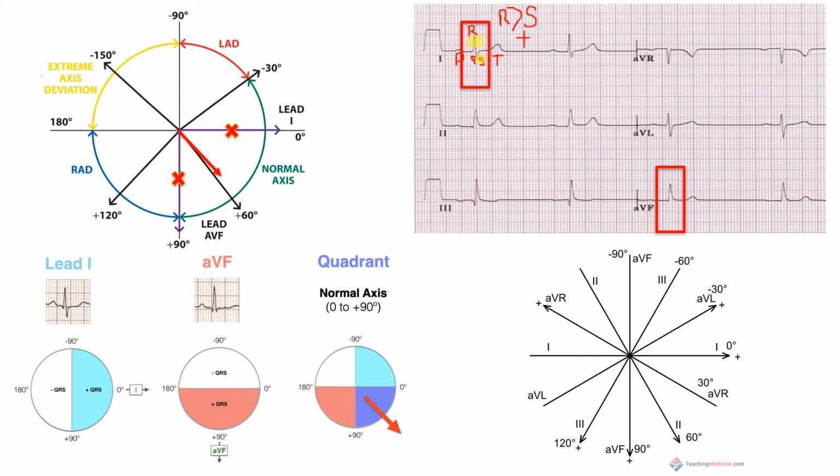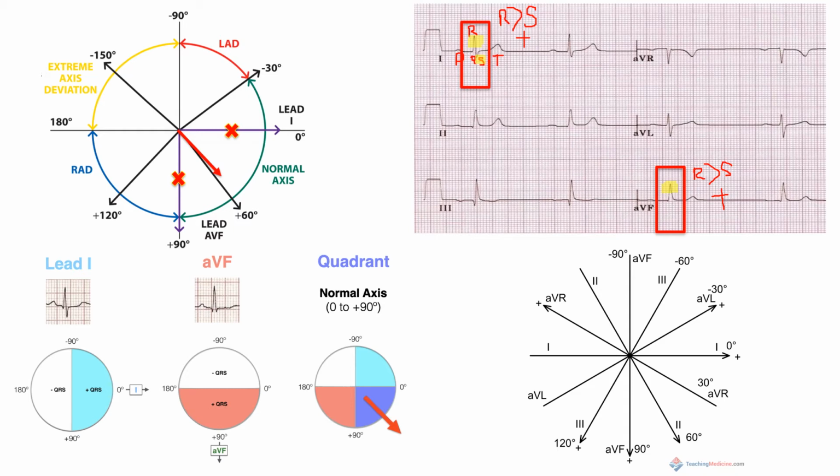Take a look at the amplitude of the R wave, and you can see that it is pretty large. So one more time, the R is larger than the S, which causes a positive deflection, and the vector is going to be headed towards the positive side.